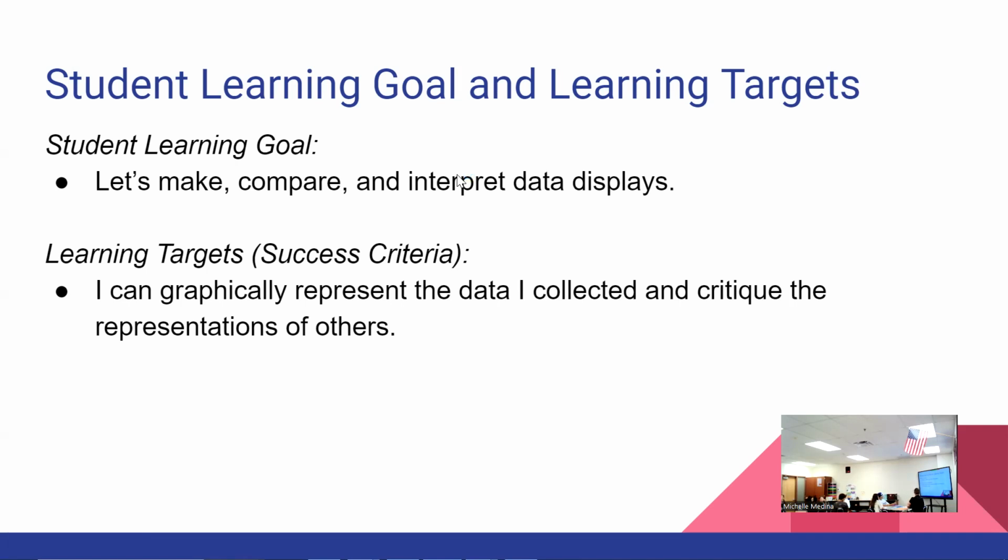However, the goal is to make, compare, and interpret data displays. And you'll be successful if you can graphically represent the data that you were provided and critique the representation of others. So, granted, we only did it for a little bit, but what might have been difficult about that?